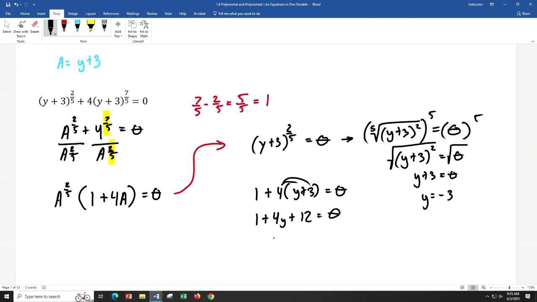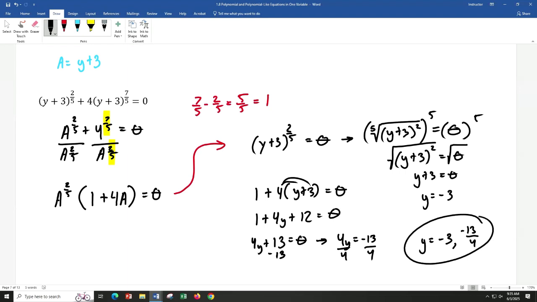Combine like terms: 4y plus 13 is all equal to 0. Subtract 13 from both sides. You get 4y is equal to -13, divide by 4, and then there's our other answer. So our answer is y is equal to -3 and -13/4.